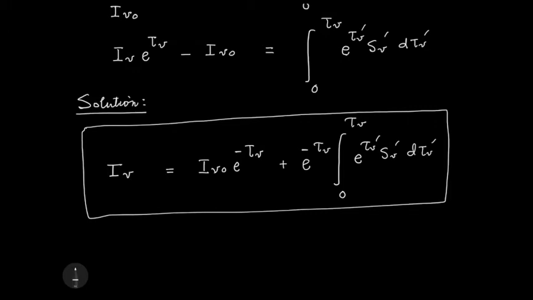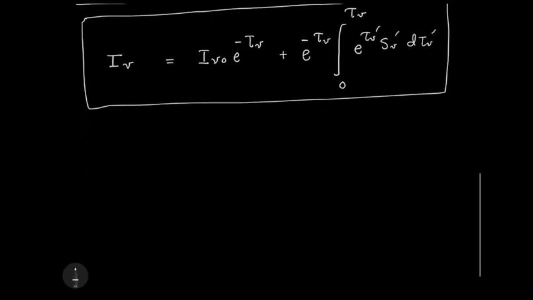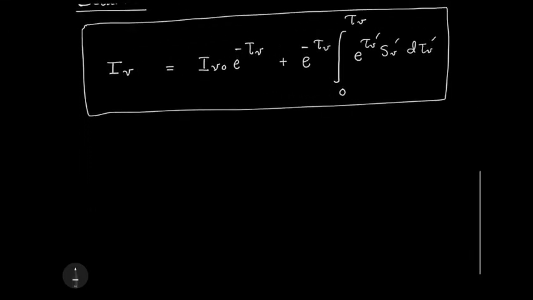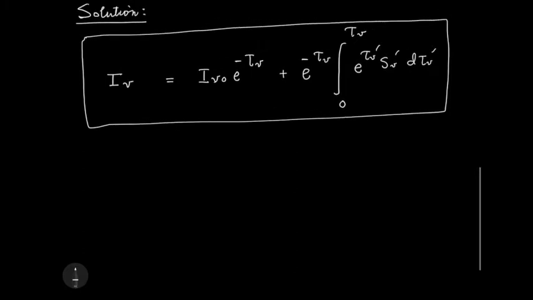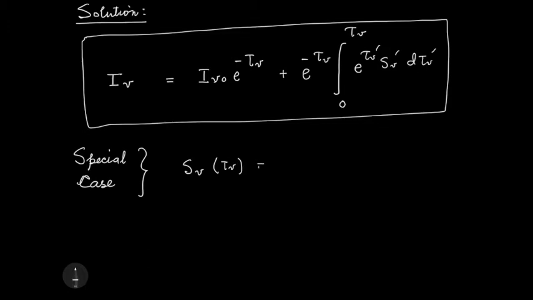Now obviously, just looking at it, we don't get much understanding. So we'll take a special case. The special case in which we will try to understand this solution is the case where S nu, which is supposed to depend on tau nu, doesn't depend on tau nu.